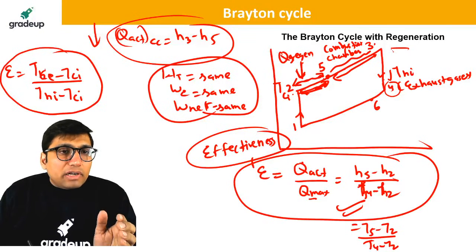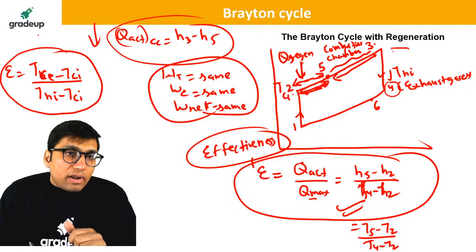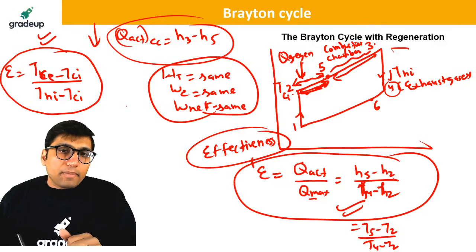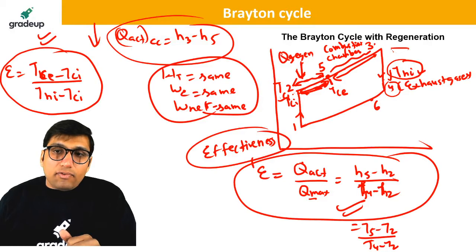You know this formula, right? Here the cold fluid is compressed air. This is the exit temperature of the cold fluid, TCE. This is the inlet temperature of the cold fluid, TCI, T2. This is the inlet temperature of the hot fluid, THI, T4.